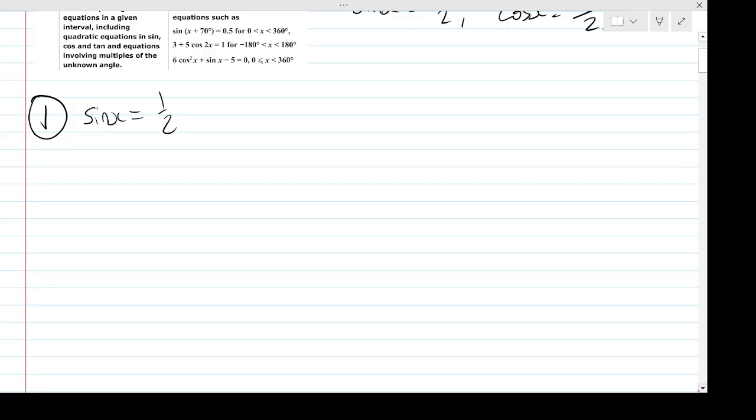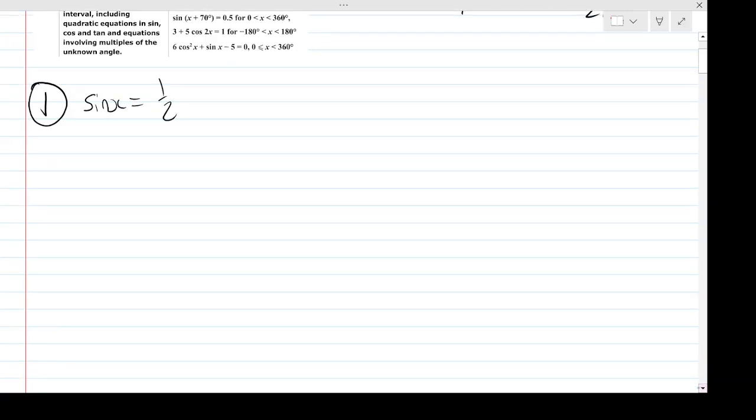Now, obviously from GCSE, you'd do inverse sine, and that's what we're going to do. So if we do inverse sine of this, that will get me 30 degrees, right? Now, that is one solution. X would be 30. But in actuality, there'd be more solutions.